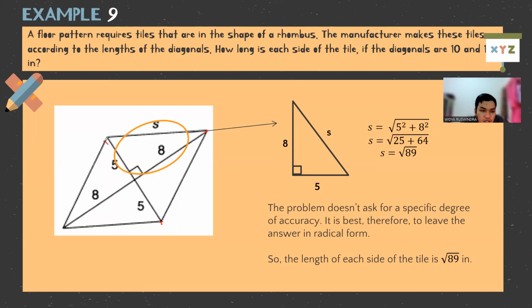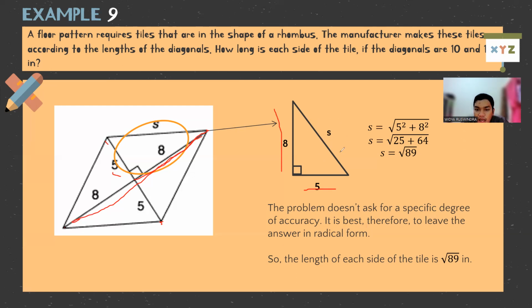We divide by 2, so this half diagonal will be 5, and the other diagonal is 16, and dividing by 2 we get 8. So we get a triangle with sides 5 and 8, and we want to know the S value.